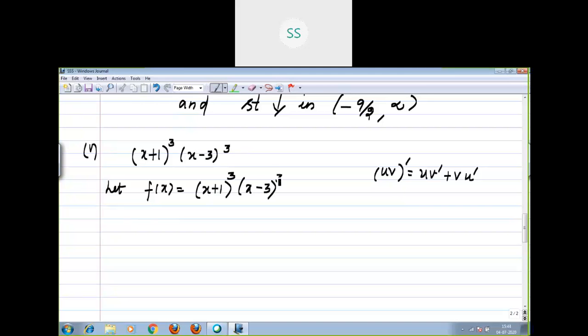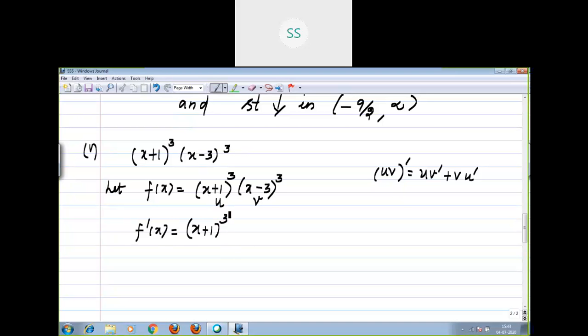This is your given function. Here you apply the product rule. The first one, x plus 1 the whole cube, you consider as u. This is your v. f dash of x equals x plus 1 the whole cube, which you keep as such, and x minus 3 the whole cube you are going to differentiate.